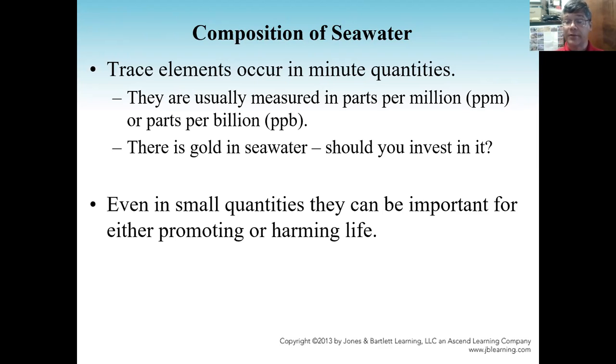And it's a classic scam to have a company that is supposed to be extracting the gold from seawater. The total amount of gold in the whole ocean sounds pretty impressive, but how much work it is to try to get that out and get enough of it to be worth anything, nah, that's not going to be real practical.